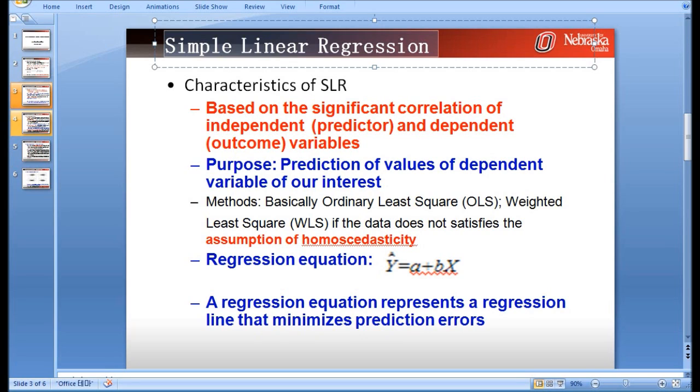I know you'd better use SPSS or another statistics software for this kind of advanced statistical method that requires sophisticated, complicated calculations.